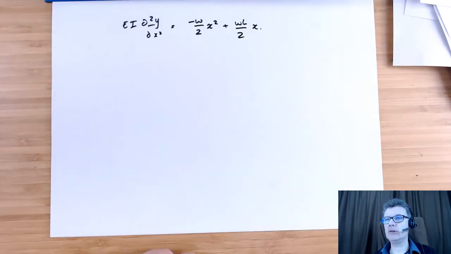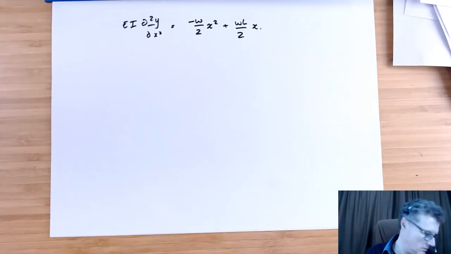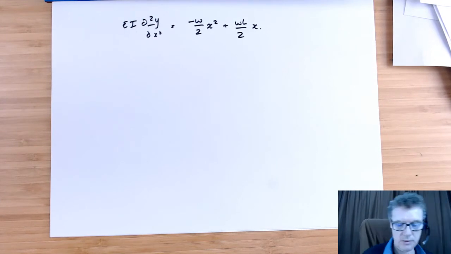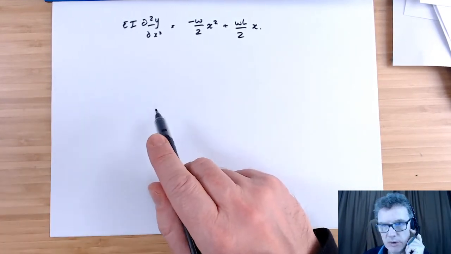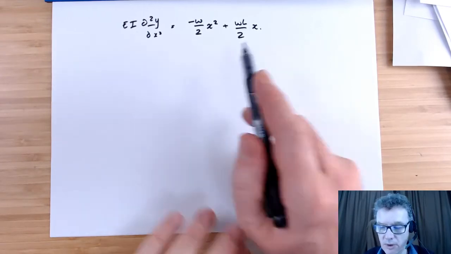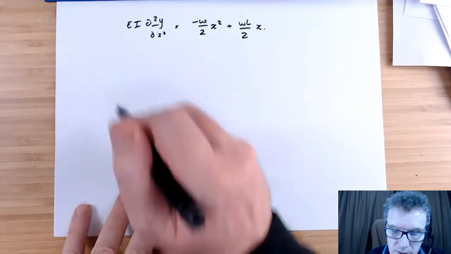Okay, so you should be getting used to that by now. Always tend to bring the EI up, so we've got a nice sort of polynomial to deal with on the right hand side. Let's integrate this once.